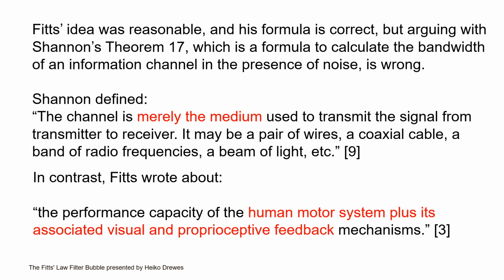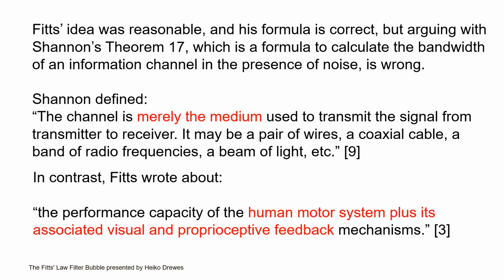However, Fitts argued with Shannon theorem 17, a formula for the theoretical limit of the bandwidth of a channel. Shannon defined already on page 2: the channel is merely the medium used to transmit the signal from transmitter to receiver.